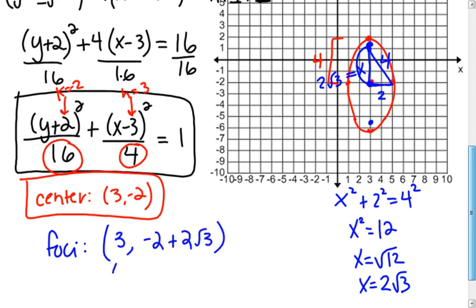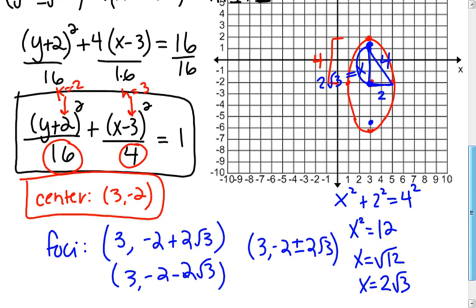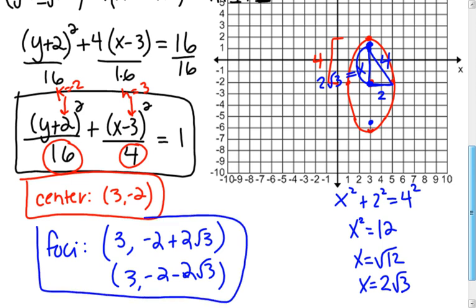And then, of course, you'll have another one at negative 2 minus 2 root 3. And if you want to just list that once, 3 and then negative 2 plus or minus 2 root 3, and just list one foci, I'm fine with that. Otherwise, you can list them twice so that you can understand there's 2 of them. But there's your foci.